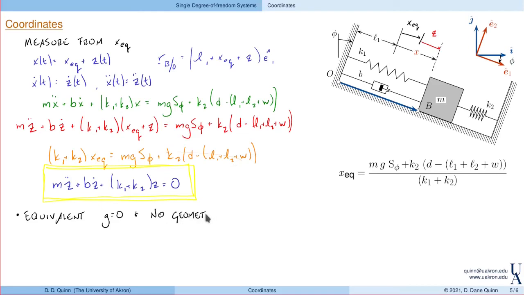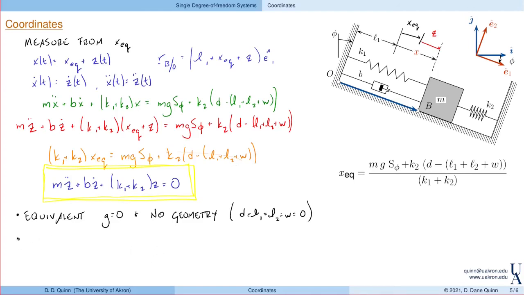So all the unstretched lengths, all of the widths, all of that stuff is set equal to 0. So if I had this system with no gravity and none of these geometrical lengths, right, these are the equations of motion that we would get.